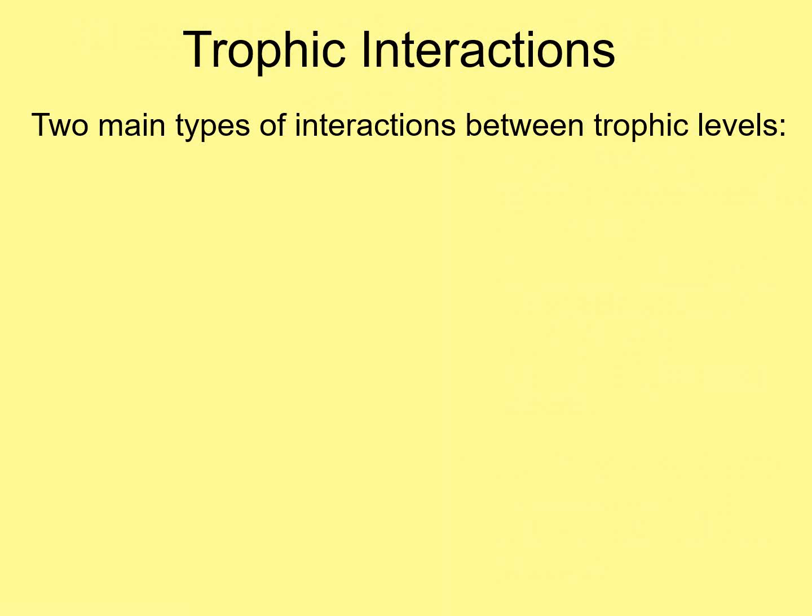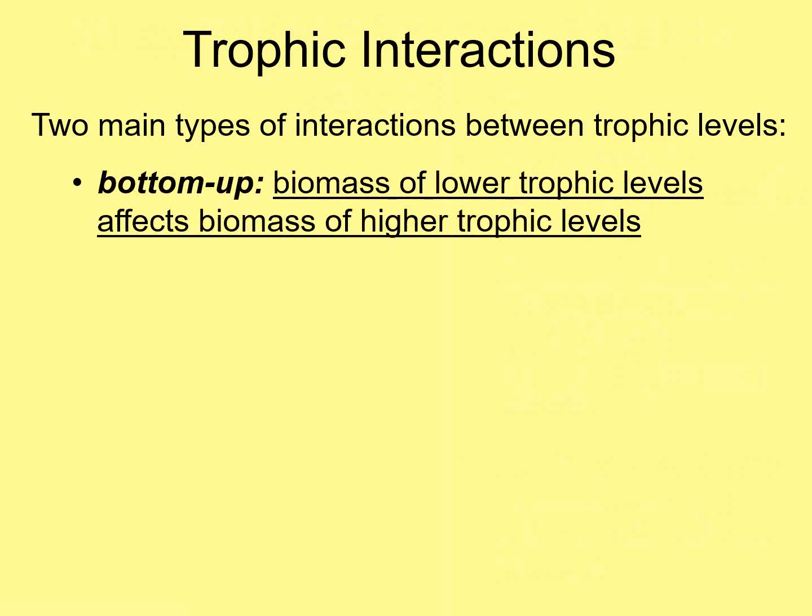Okay, so far we've been talking about how lower levels impact higher levels in terms of affecting the population size and energy flow. So these would be bottom-up trophic dynamics, right? The idea that changes in the biomass at lower trophic levels affect biomass at higher trophic levels.